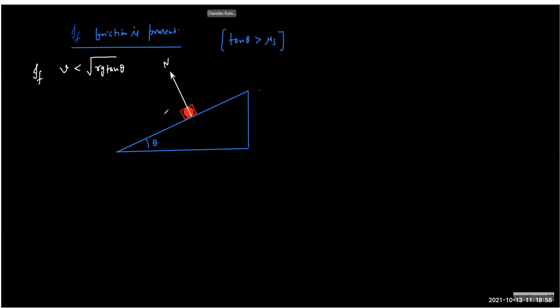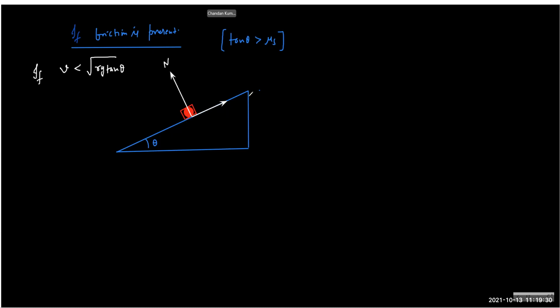So what will be your tendency, to go down or go up? Your tendency is to go down. Therefore friction will act up the plane. It always acts opposite to the tendency, isn't it? So if the object will try to go down, friction will act up.